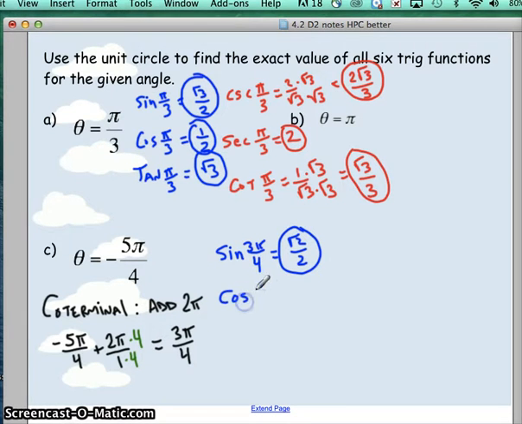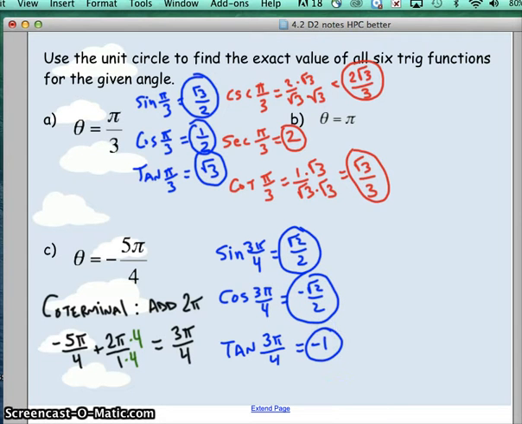Cosine of 3 pi over 4 is the first thing listed, which is negative radical 2 over 2. And tangent, we already found to be, when you divide sine by cosine, anything divided by itself is 1, but we have a negative, so we'd have a negative 1 for tangent.